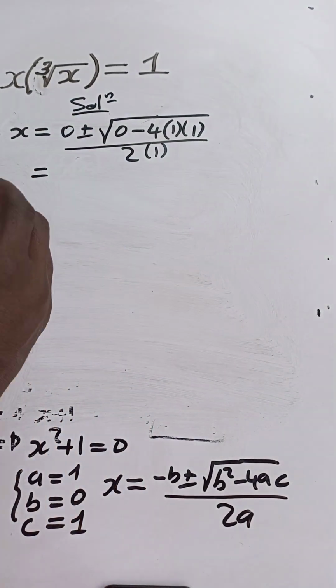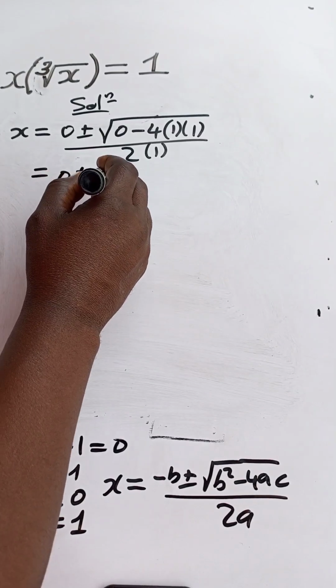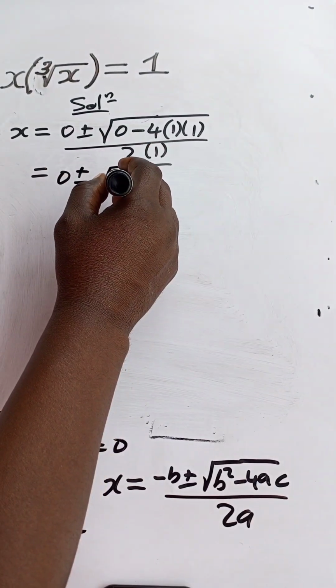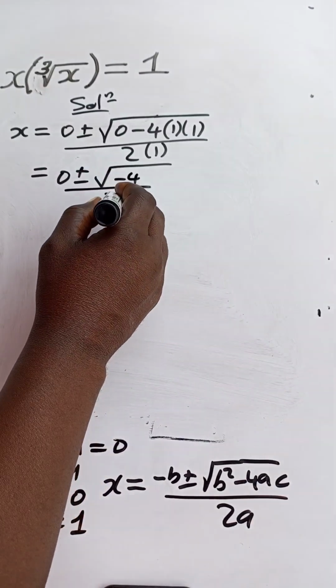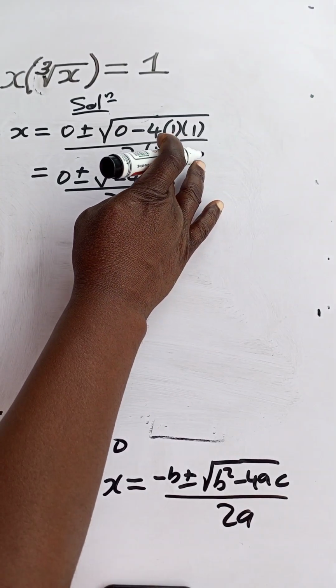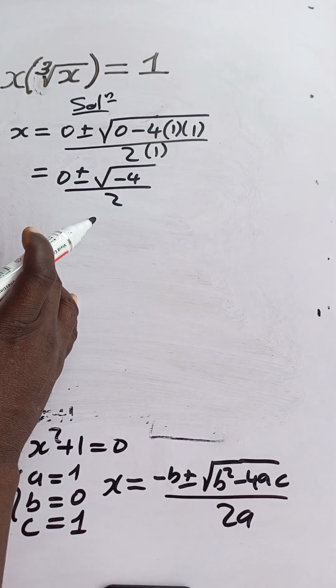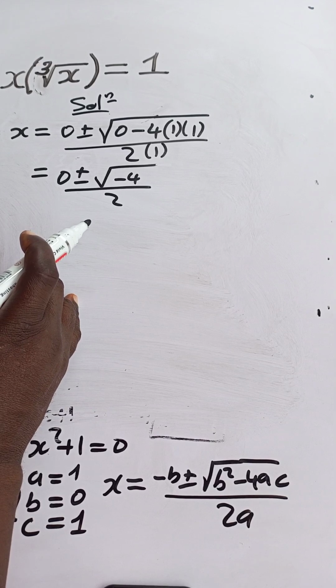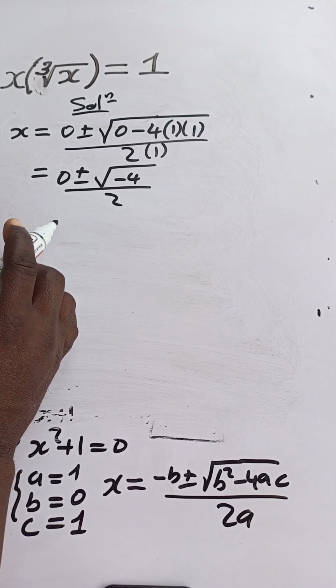So we have 0 plus or minus the root of negative 4 all over 2. Now the root of negative 4, we don't expect that to be a real number. It's going to be a complex number because the square root of negative numbers is not real.